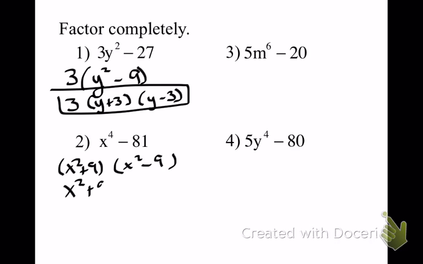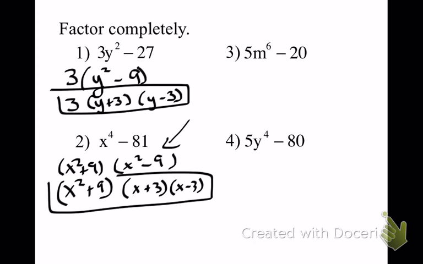Don't forget, we rewrite the original piece, and then what's still factorable is this difference of squares right here. I'm going to make it smaller. Fully factored. Okay, let's try the next one.